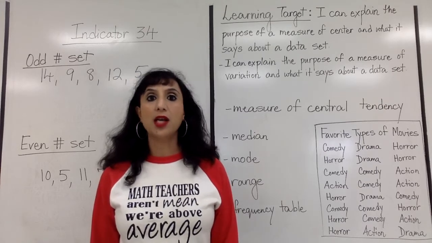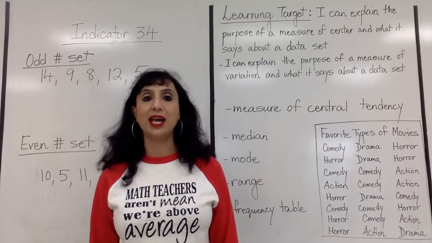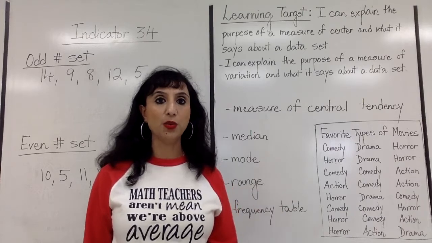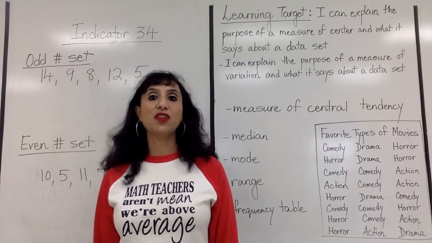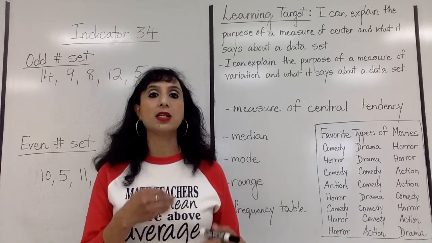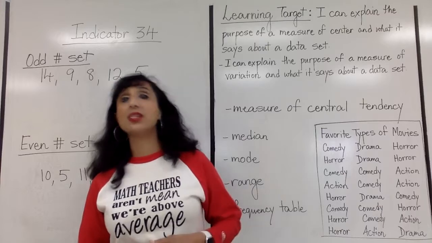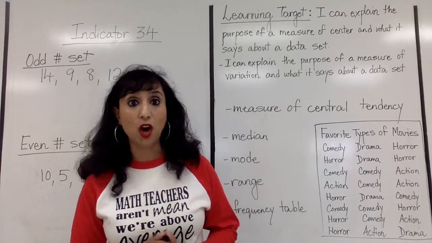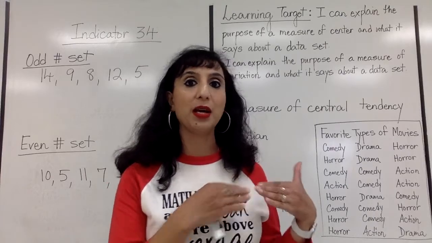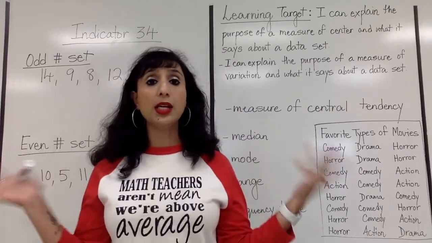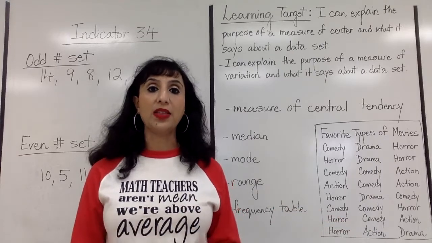Okay. So measure of central tendency, as I explained in part 1 of this video, which was on mean, is basically the center of the data set. It represents the center of a data set, and we have already discussed that mean is one way to find this, in which we add up all the numbers in the data set and divide by how many numbers there are in the data set.